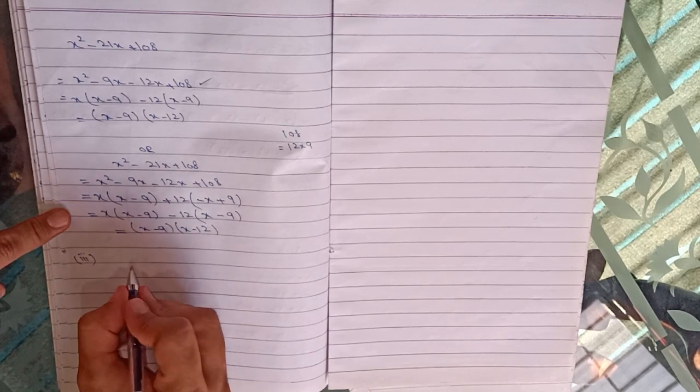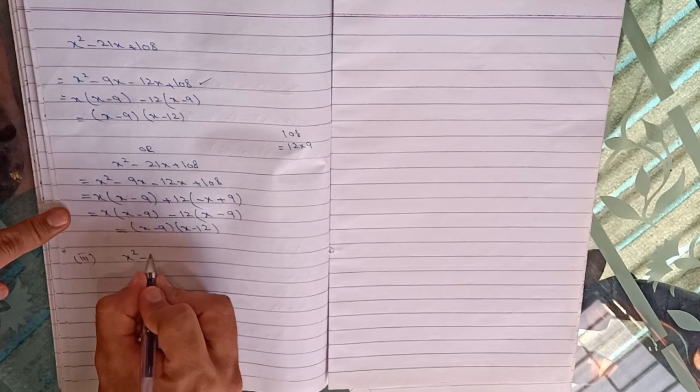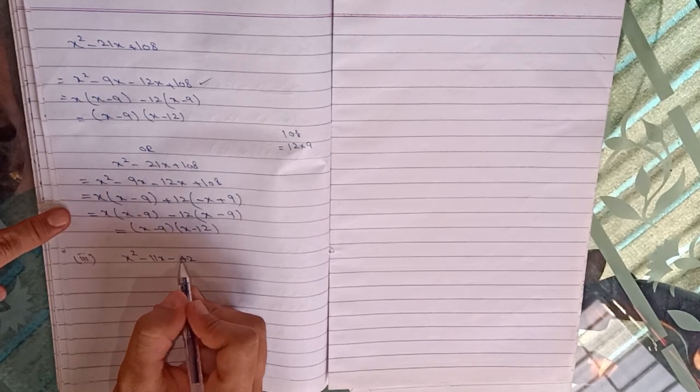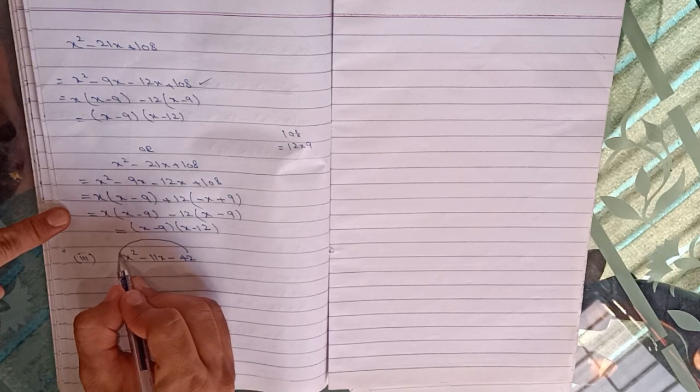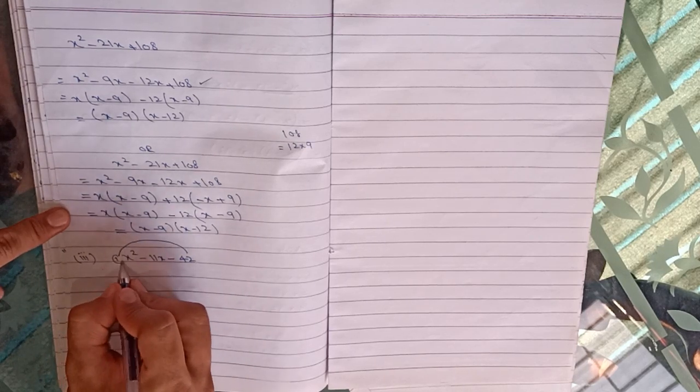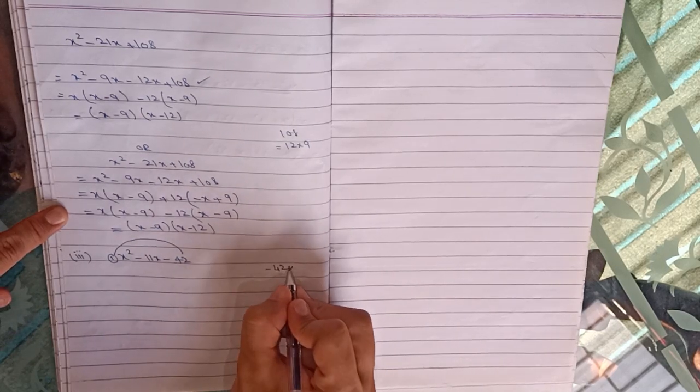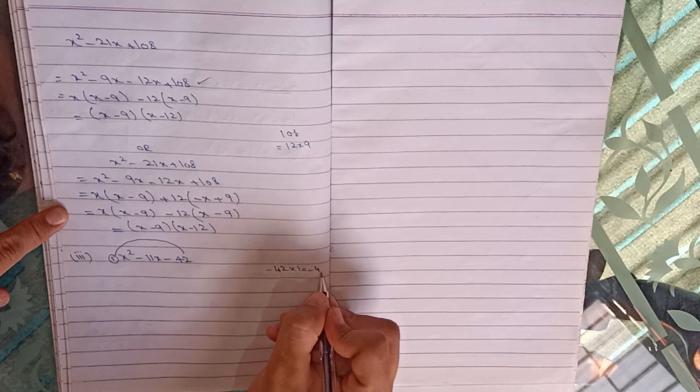x square minus 11x minus 42. Again, 42 multiplied by the coefficient of x square, which is 1.